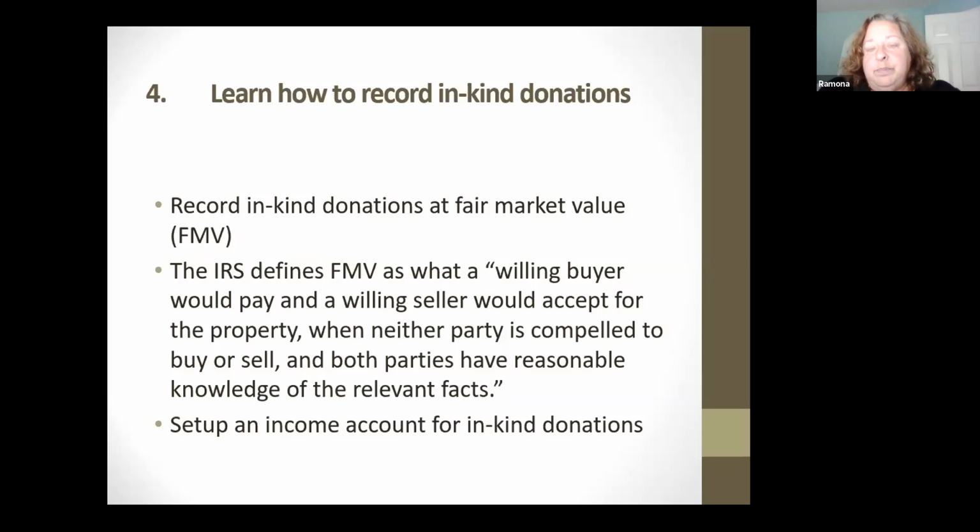So we would increase our legal expenses, but increase the income. So the effect to the books of the nonprofit is zero, right? It is also zero to cash because we have not had to spend cash and we did not get cash. So that is the bottom line effect of in-kind donations on our books.